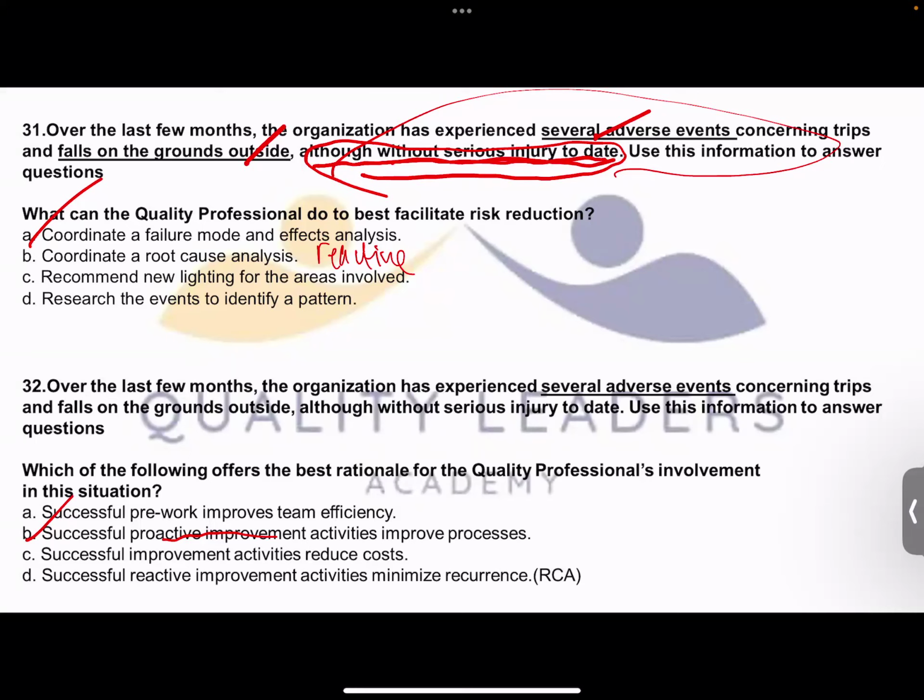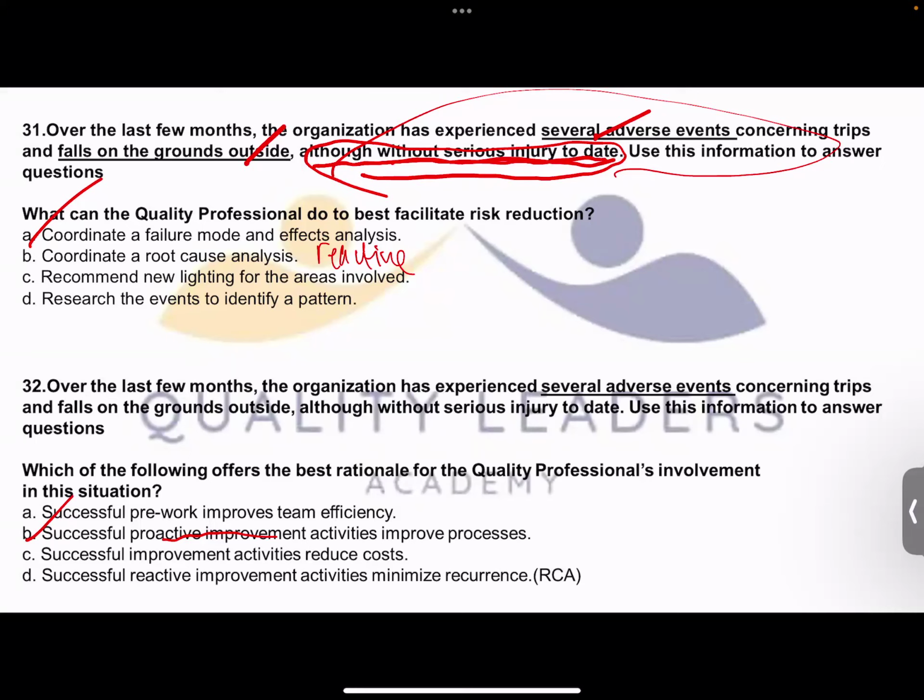Why not letter C? Because the cost reduction might be a secondary benefit, yes, but the primary goal here is process improvement, to enhance the safety and reduce the risk. For letter D, this is also incorrect because reactive improvements such as the RCA are conducted after the adverse events.